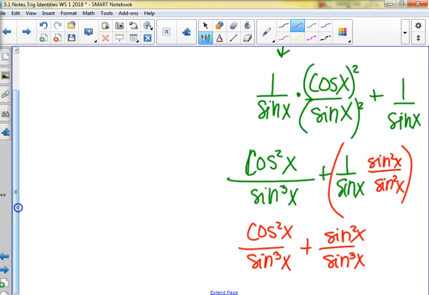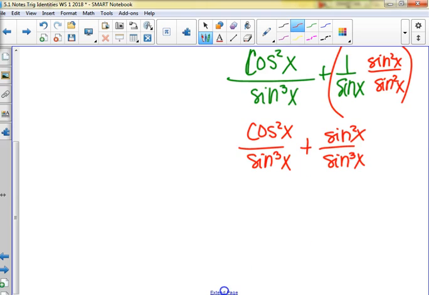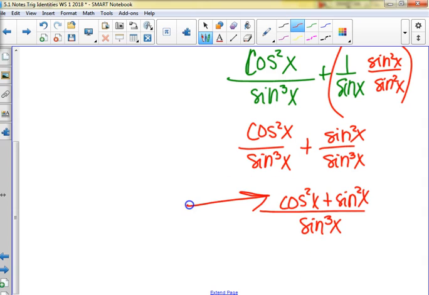Okay, now what? If I add them, I can add the numerators and I keep the denominator, right? Why is that a good plan? Because this is our very important identity, right?